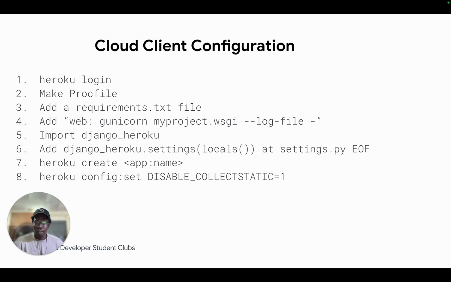Besides that, since there's probably going to be another app for the front end, maybe written in React or another front end framework or library, this basically just disables that, to make the app run efficiently and also to remove the problem of collecting static from our side.